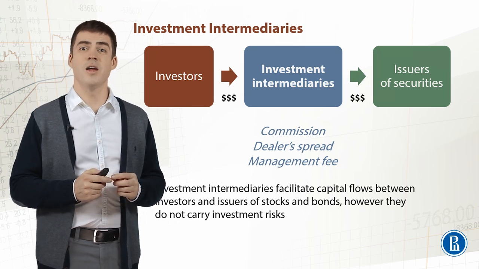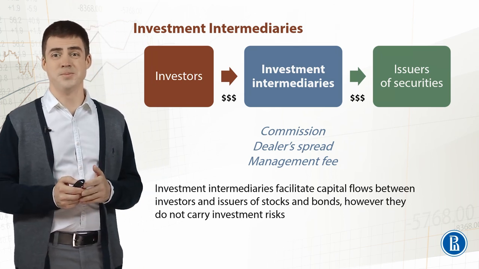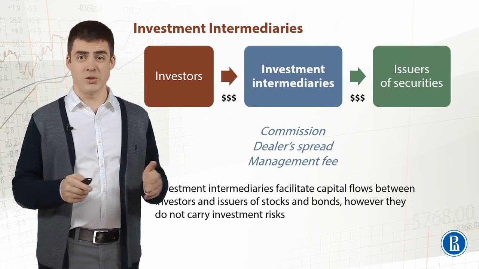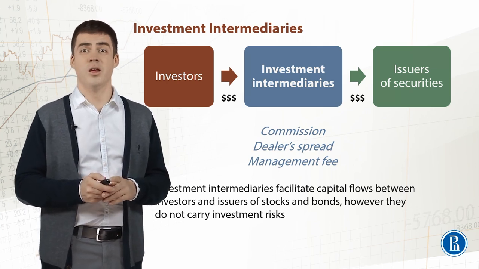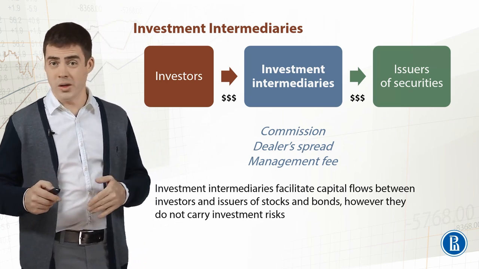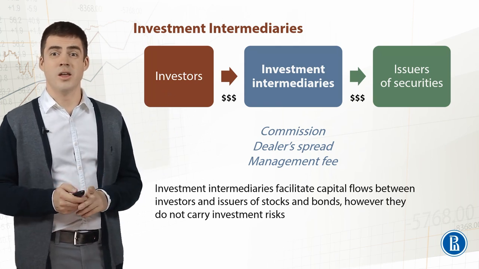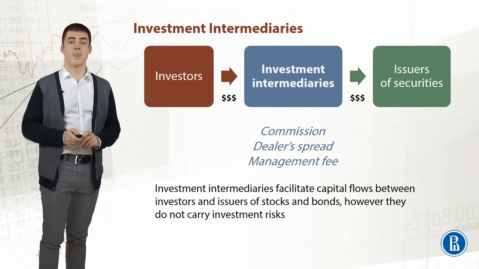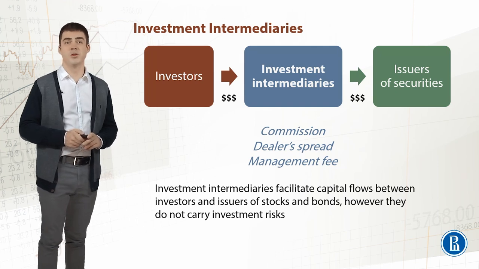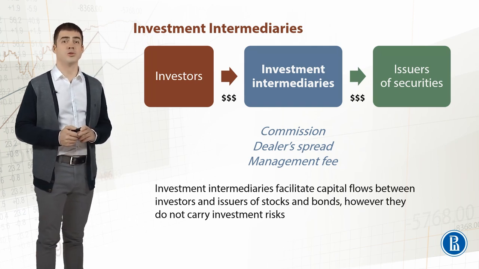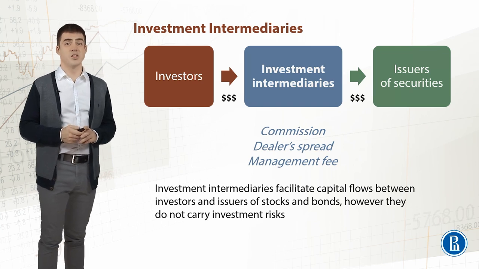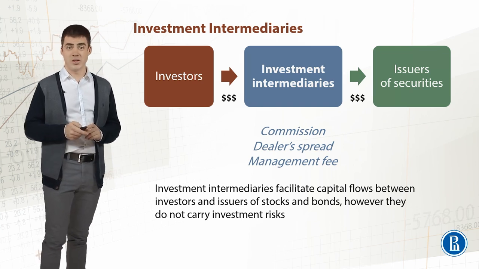That's why they are mostly interested in concentrating capital and having more transactions rather than whether the market is going up or down. We can say that almost all investment intermediaries are market neutral, which implies that their income does not heavily depend on the market situation.